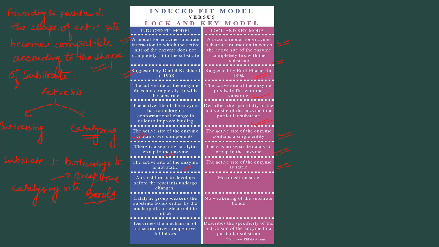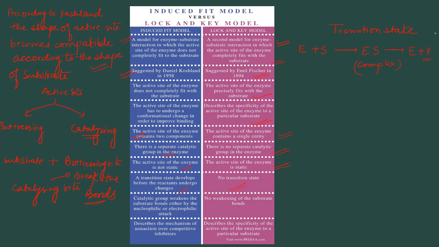In induced fit, the transition state develops before the reactant undergoes changes. In lock and key, there is no transition state. The transition state goes like this: enzyme plus substrate leads to the formation of the enzyme substrate complex, and then product.